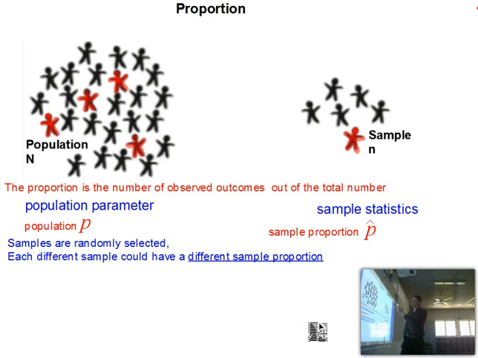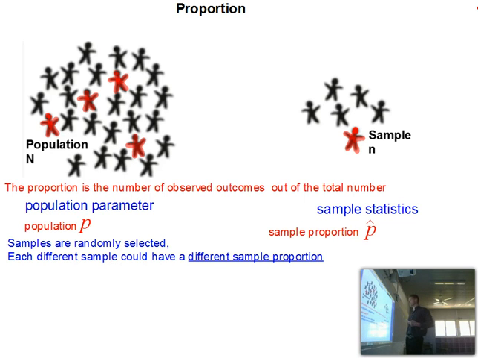Now, if the amount of people in a particular population are the ones we're interested in knowing about, then we can express the information as a proportion of the total.